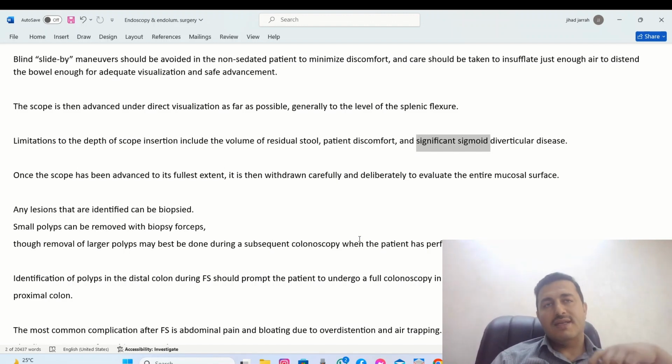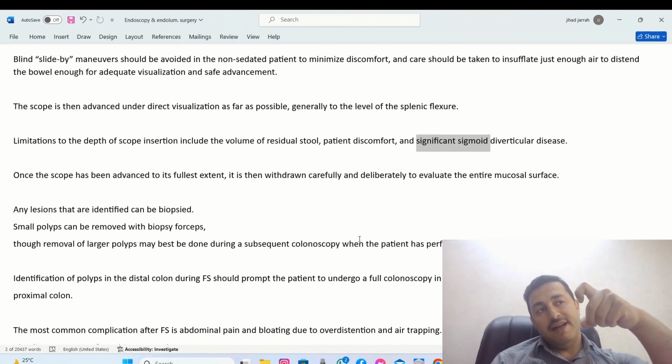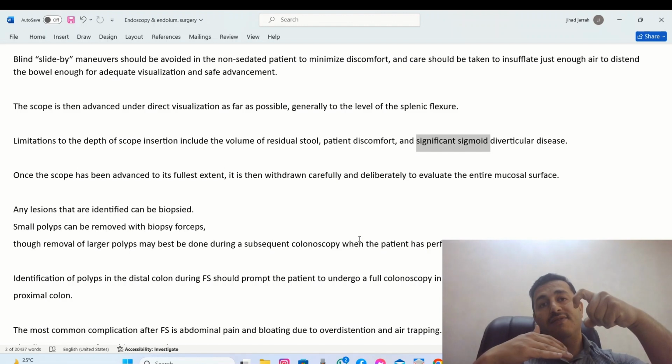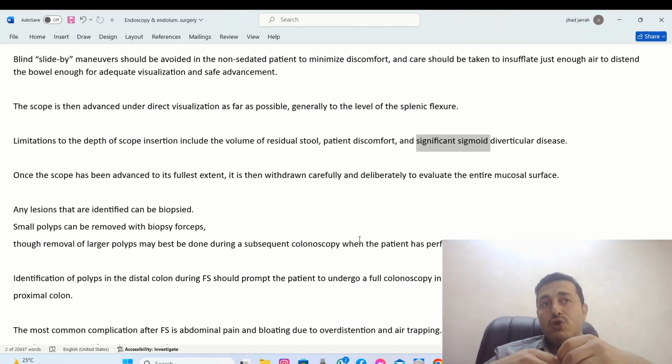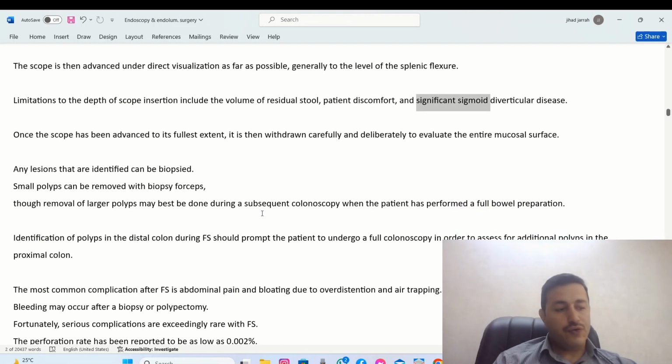Some technique, we will discuss it in the rectum, they use the retroflex maneuver. Actually, they deflect the tip of the scope so they can sometimes visualize the part of the distal rectum that is difficult to visualize when inserting, because you may bypass this part. So we will talk about the retroflex maneuver.